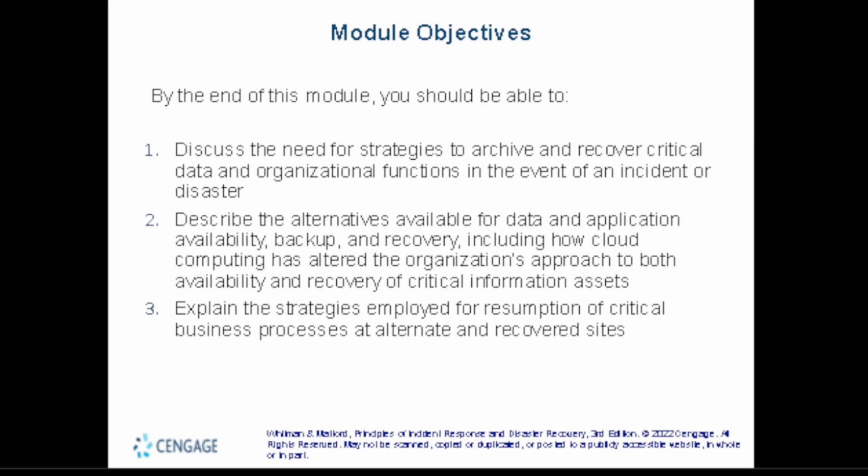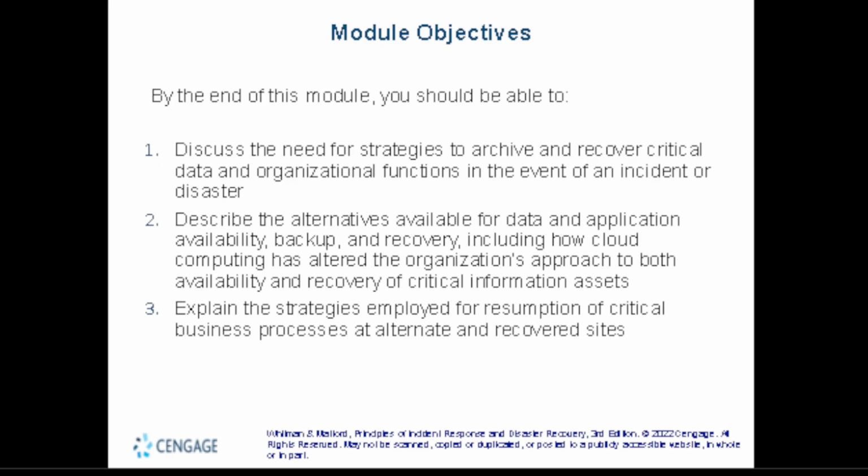Okay, by the end of this, you'll be able to talk with someone, perhaps in an interview, that brings up a scenario. How would you archive and recover the data in order to keep the business going? What you have for choices on archive and recovery, and any changes you may need to make in the business if you're using more cloud computing resources, which has made disaster recovery, I think, a lot smoother.